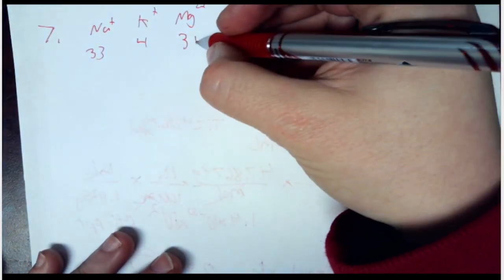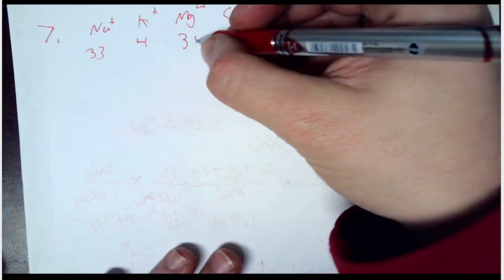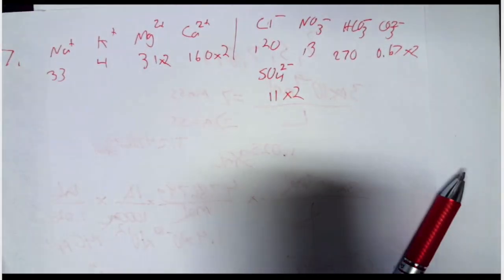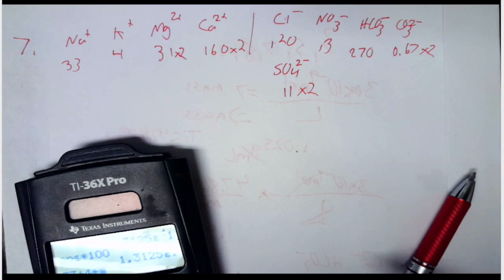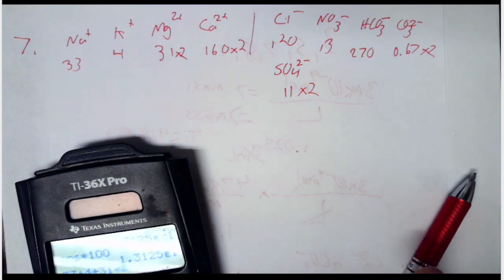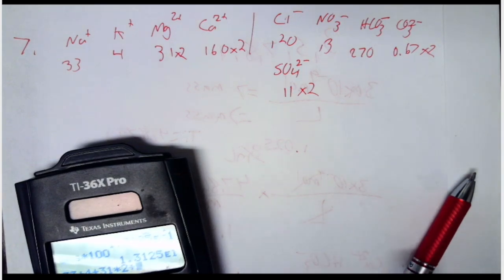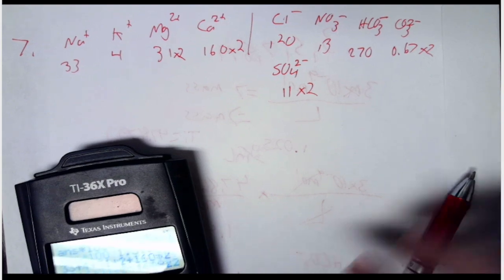So if these are in micromoles per liter, you don't have to convert anything into mass. We can just double up whatever is doubly charged. So let's figure out my total cations. So my total cations is 33 plus 4 plus 31 times 2 plus 160 times 2.